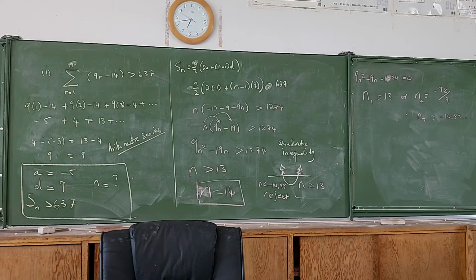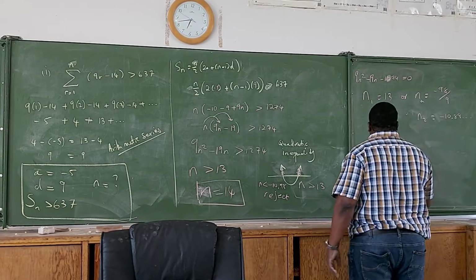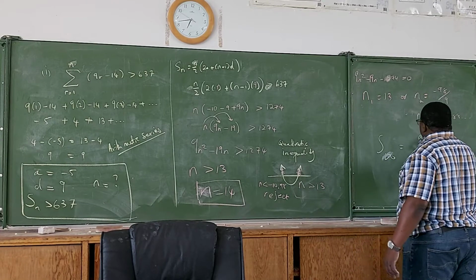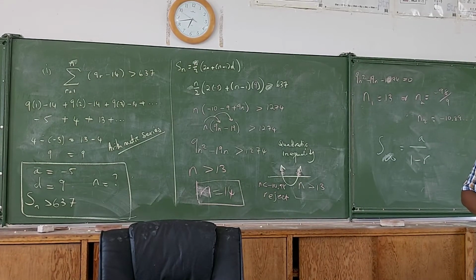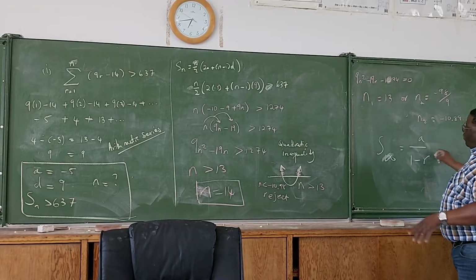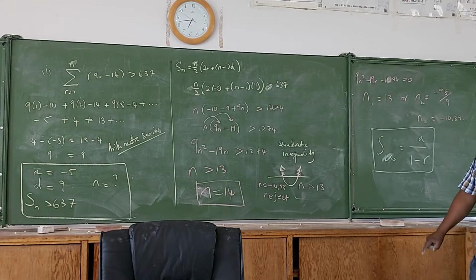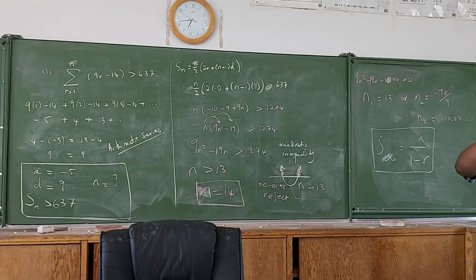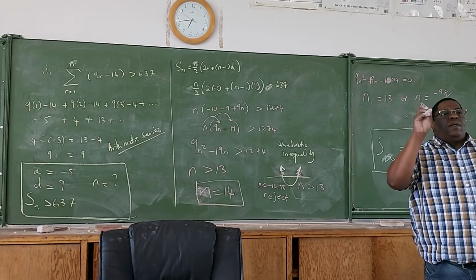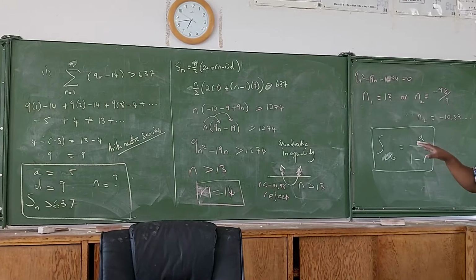There's a new formula that you're going to use: a over 1 minus r, where r is the common ratio. That is why we're going to use the sum to infinity of nothing but a geometric series. Because some sequences, when you write them down, become smaller and smaller, but the sum of them gets closer and closer to a certain number. So that's what we're going to do.